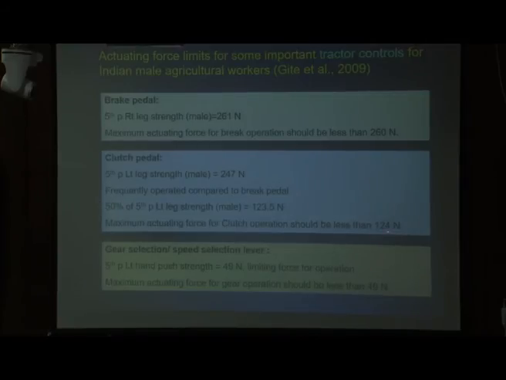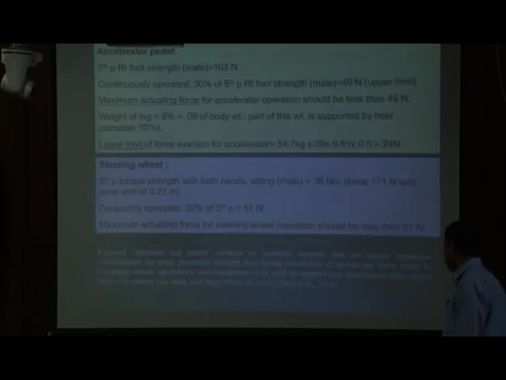So actuating force in this case is 124 Newton. Now next, gear selection. 5th percentile hand push strength is used, that is 49 Newton. So the maximum actuating force in this case will be less than 49 Newton.